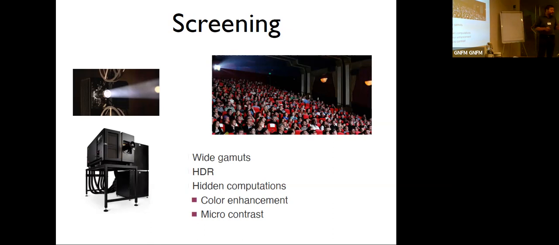What they do, among many things, the major part of the case, to have a beautiful image, is color enhancement. So we have super saturated colors that are beautiful, and micro contrast. That is the sensation of super sharpness that we have when we watch a 4K movie on Netflix or when we go to the cinema.